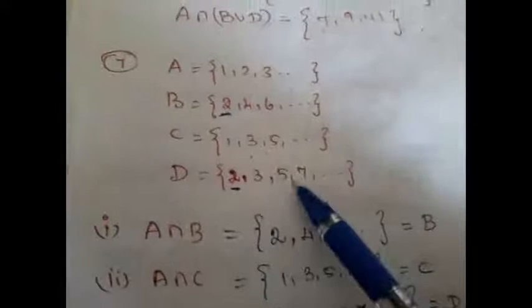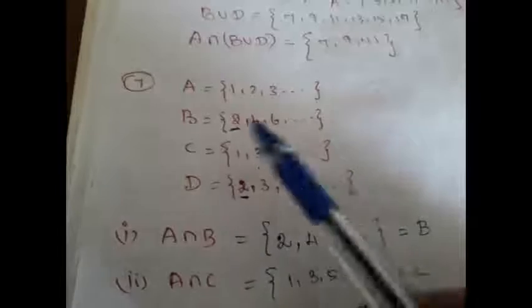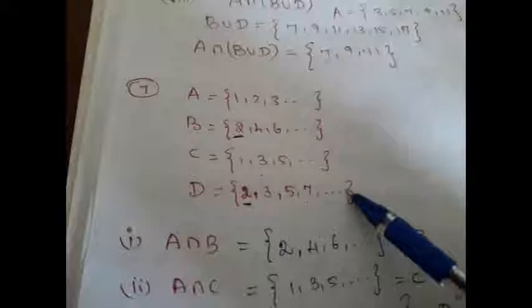Now what is C intersection D? C is the set of all odd numbers and D is the set of all prime numbers. When we find C intersection D, here we won't get the answer as any one of the given sets, right? Leaving 2, we will get the remaining odd numbers.